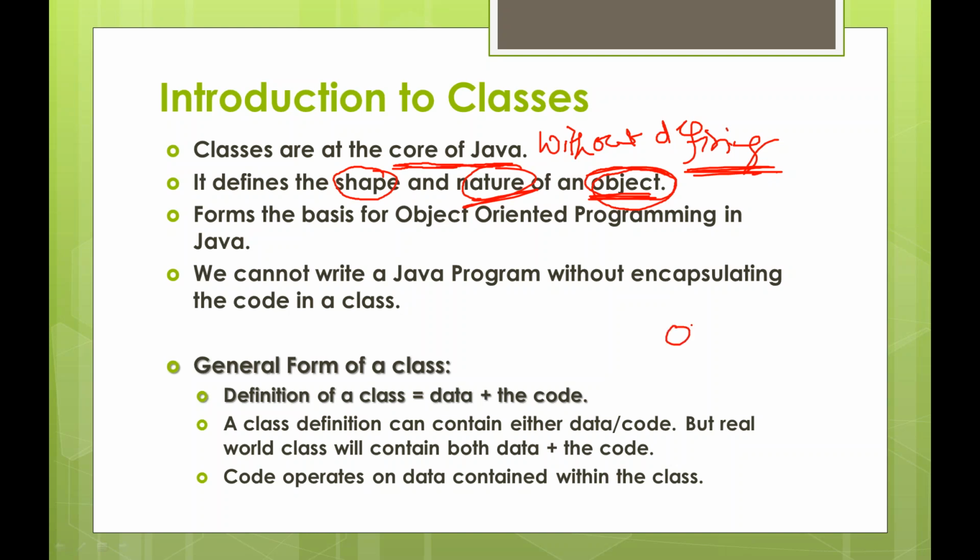Any object which you have seen in your real life will have these two things: shape plus nature or behavior.